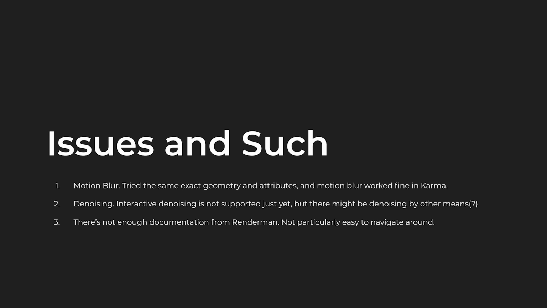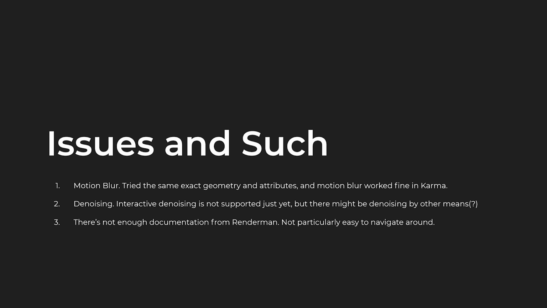So it actually took a while to render, and it's unfortunate that I couldn't figure out how denoising would work. There might be denoising by other means rather than the interactive denoising that Renderman in the traditional way to render in Houdini usually does, but I couldn't figure it out just yet. But yeah, so I didn't do denoising.